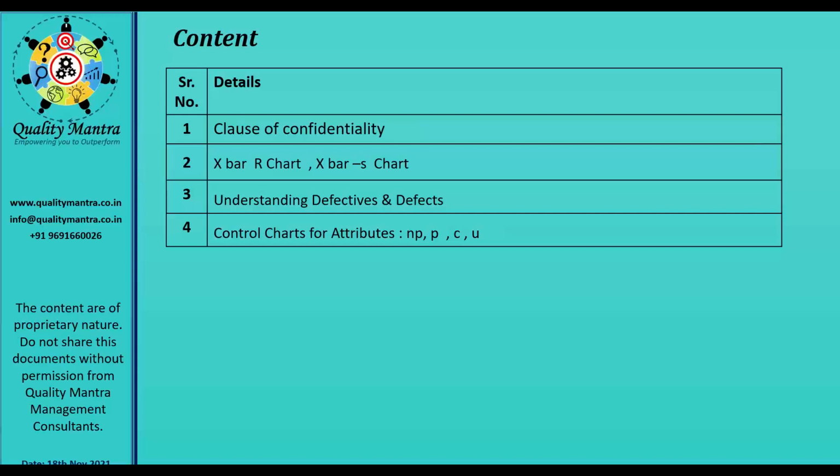And then we will see what is defectives and what is defect, because you are going to plot the chart for the attributes, and the charts for attributes are prepared for defectives, that is non-conforming, and defect, that is non-conformances. So we will see what these terms actually are, and then we will prepare the control charts for attributes, that is NP and P chart, C and U chart.